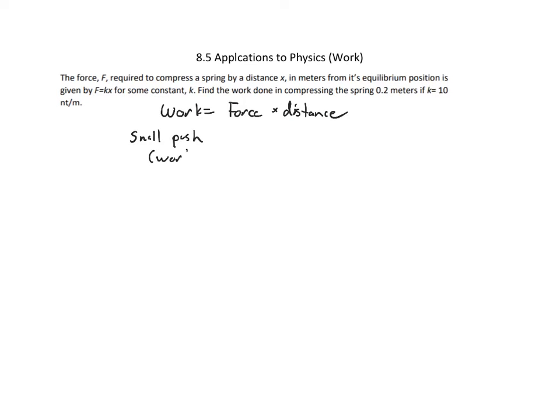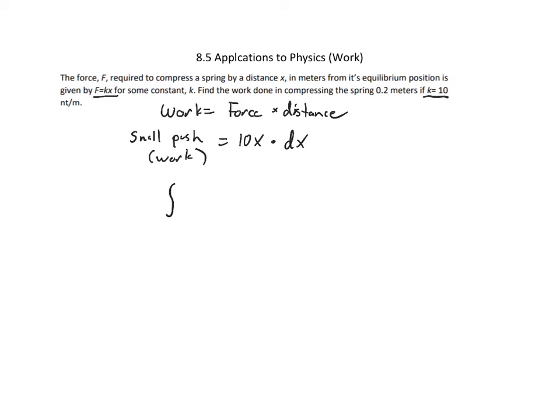The work done for a small push would equal the force. Well, they're telling us k is 10 and force equals kx. So the force is simply 10x. And our distance of this small push is going to be the smallest distance we can possibly imagine, which is dx or delta x. So that's our force for one small push.